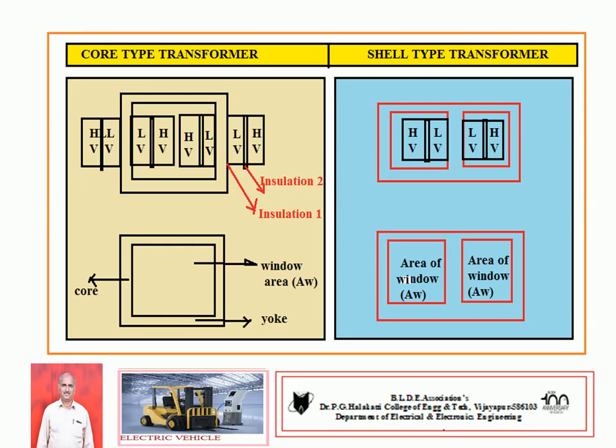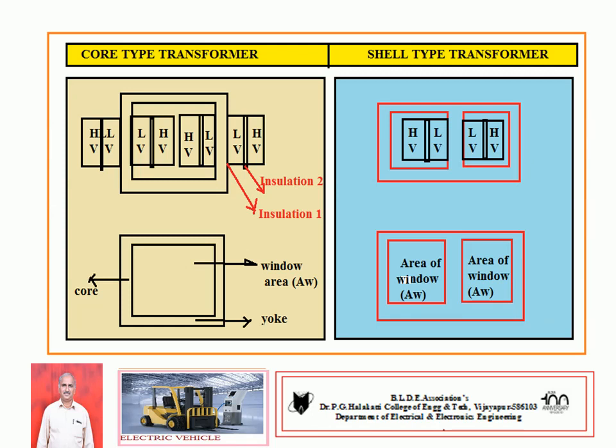To reduce the leakage reactance, half of the LV winding and half of the HV winding are placed on one limb. Similarly, half of LV and half of HV in the other limb. Hence, the window area consists of 2 half LV and 2 half HV windings, so it totally becomes 1 LV winding and 1 HV winding. You understand? 1 LV winding and 1 HV winding.